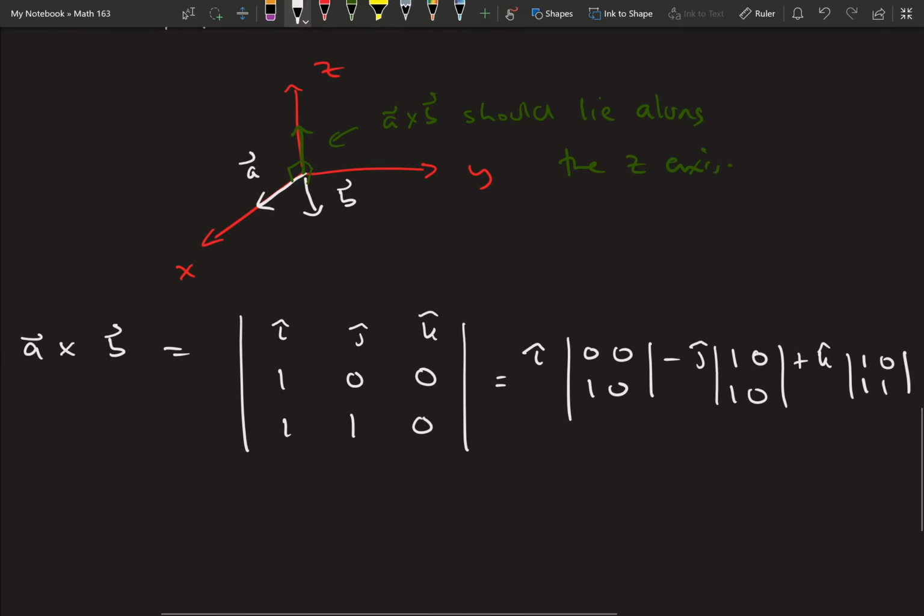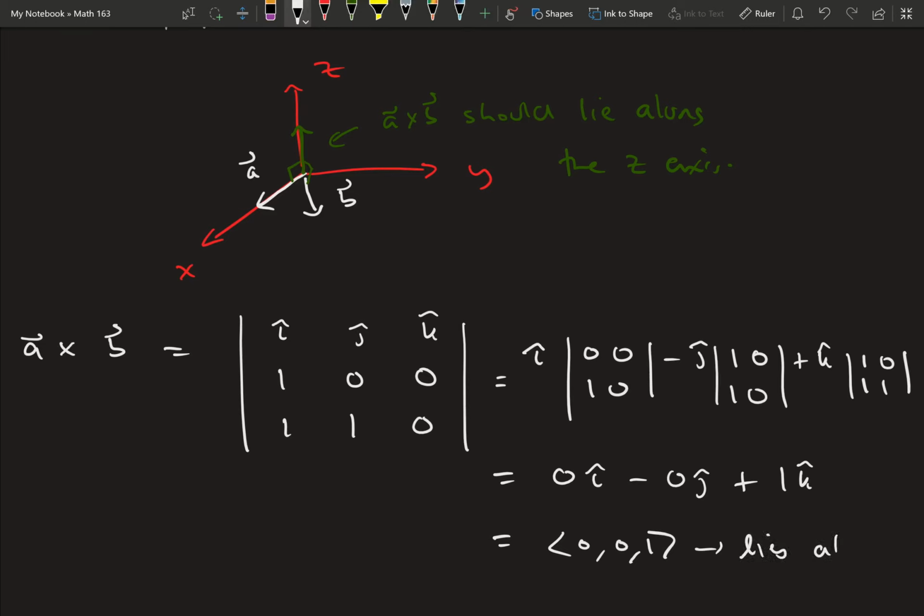You'll get 0, because 0 minus 1, so you get 0i minus 0 minus 0, so 0j, plus here you get 1 minus 0, you get 1k. So this actually is the vector 0, 0, 1, which lies along the z-axis. I wanted to give a simple one which we could actually visualize.